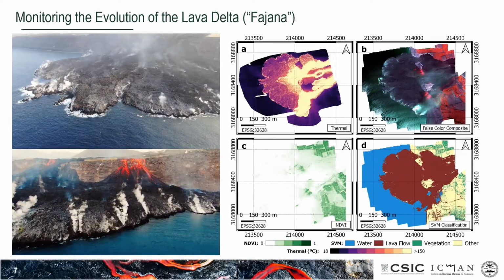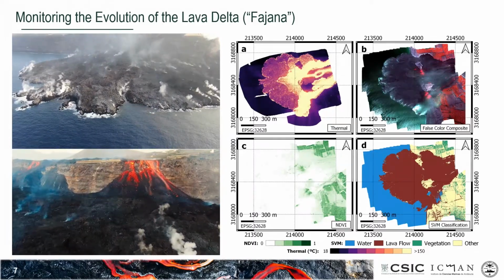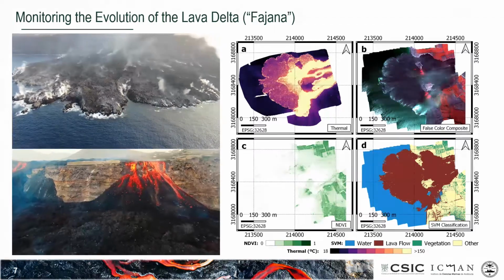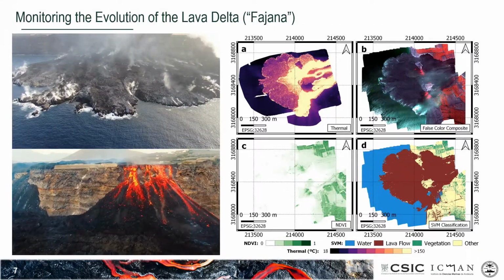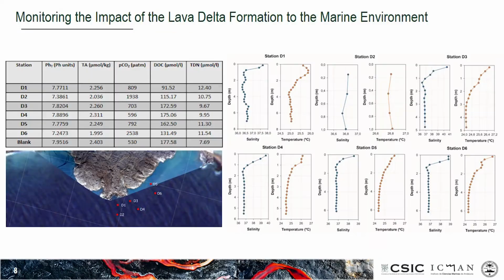With this information, we could estimate a region of 28 hectares affected by the lava cascade in this region.